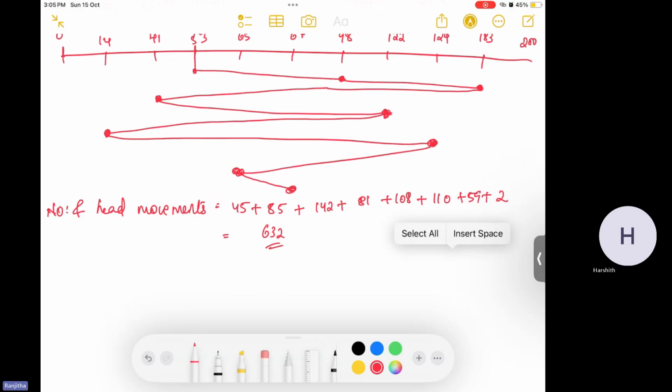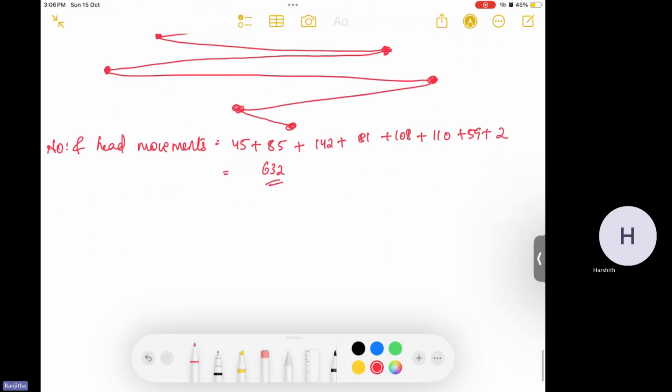So the lesser the number of head movements, the better the scheduling, because as the number of movements reduces, the time we spend moving the head up and down comes down, which implies faster disk access. So this is how the first in, first out algorithm works.